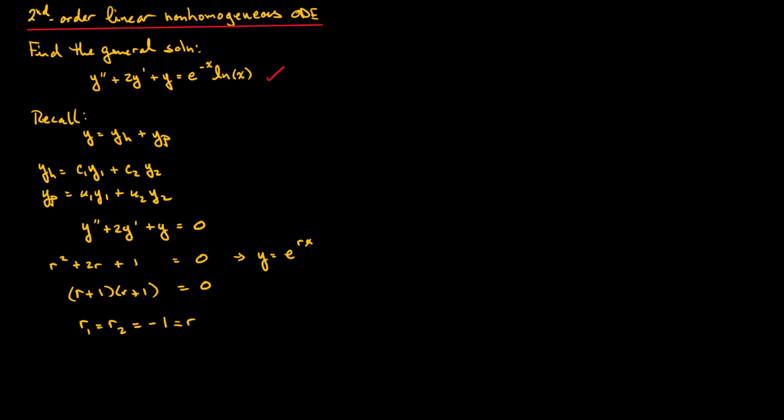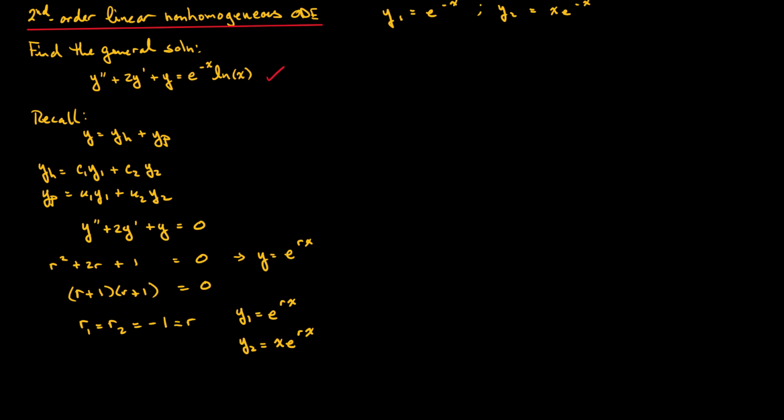And we have seen in a previous video that when we have two equal roots, our fundamental solutions are y1 equal to e to the rx, and y2 equal to x e to the rx. Therefore, we have y1 is equal to e to the negative x, and y2 is equal to x e to the negative x.